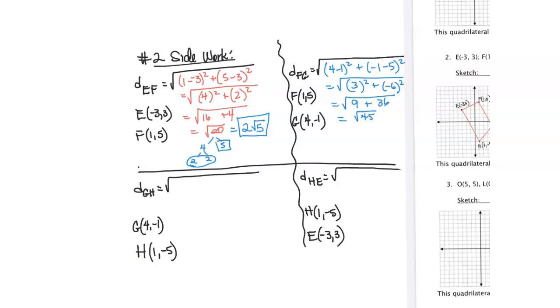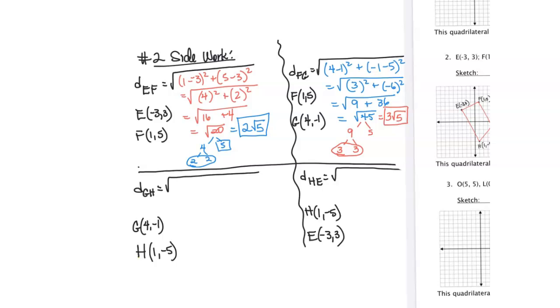Once again, the square root of 45, we can break this one down. So we have that 9 times 5 gives us 45. 9 we can break down to 3 times 3. Here's our pair of 3's. So we're going to take out a 3. And then left is the square root of 5. So 3 times the square root of 5 is the distance for FG.